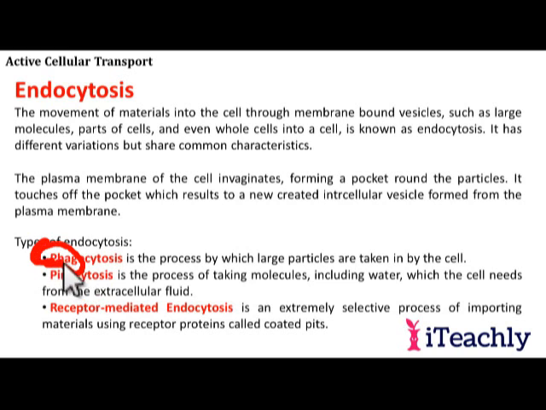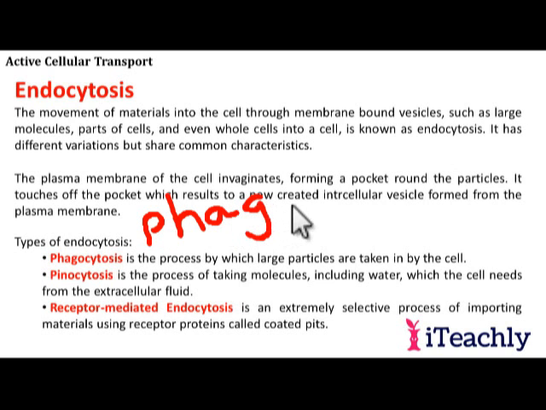Circle phago, P-H-A-G, means to eat. P-H-A-G is eating. Like we have an esophagus. Our food travels down our esophagus.